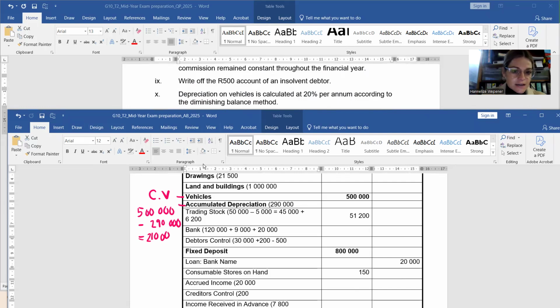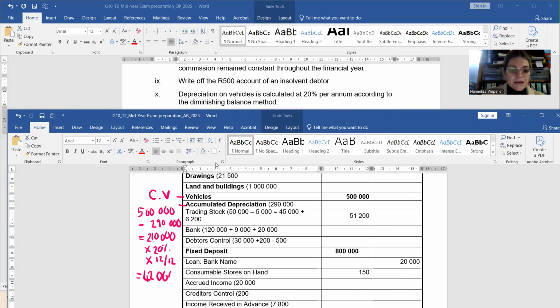Then you times by 20%, and you do that for the full financial year because they didn't say that you purchased any new vehicles during the year. They didn't say that this specific vehicle was purchased during the year. So you assume that you had this vehicle for the full financial year, therefore 42,000 Rand.